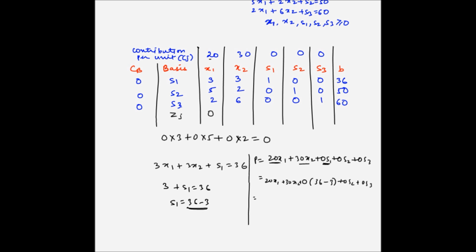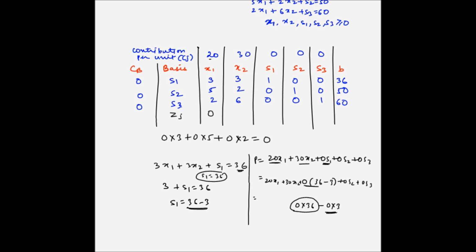And we can write this one as it is. So what this becomes is 0 multiplied by 36 minus 0 multiplied by 3. So this was the original value because S1 was originally equal to 36, right? When x1, x2 were 0, S1 is equal to 36.